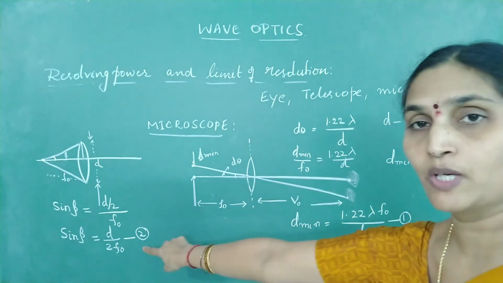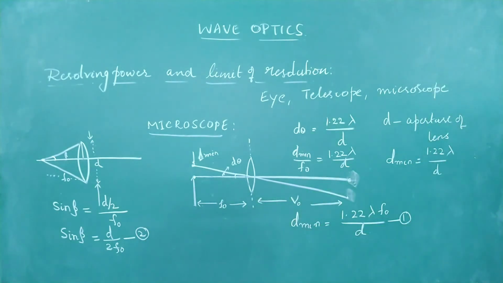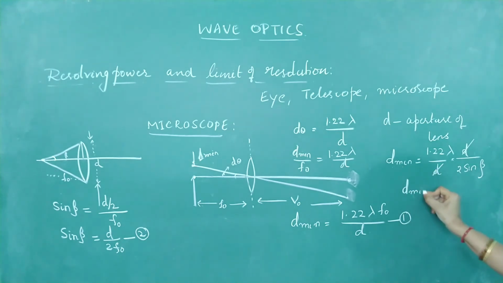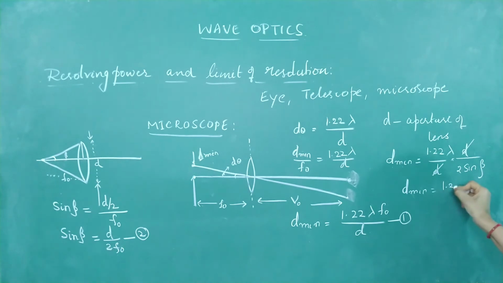Replace f0 from equation 2 in equation 1. You will get f0 equal to d by 2 sin beta. D and d will anyway get cancelled. What is d minimum equal to? 1.22 lambda divided by 2 sin beta.